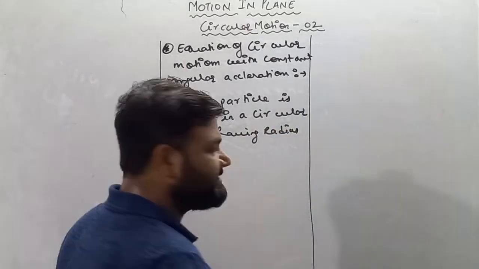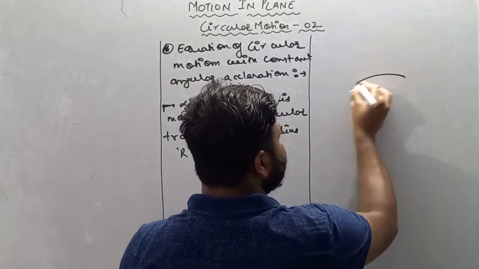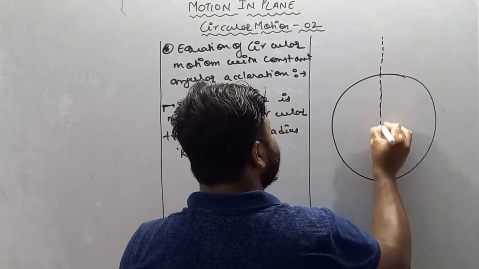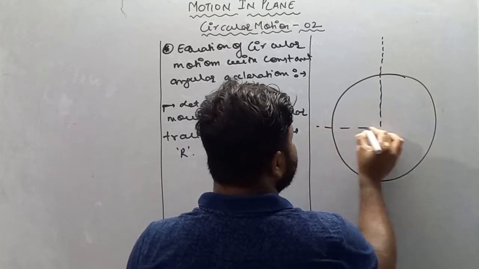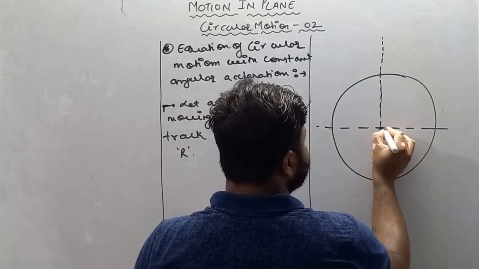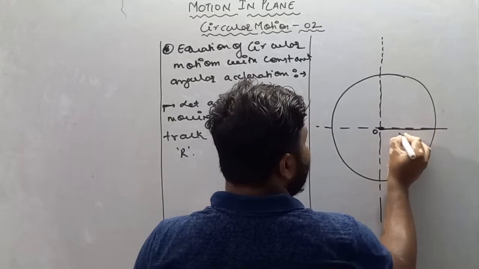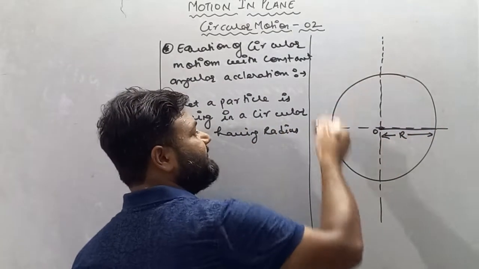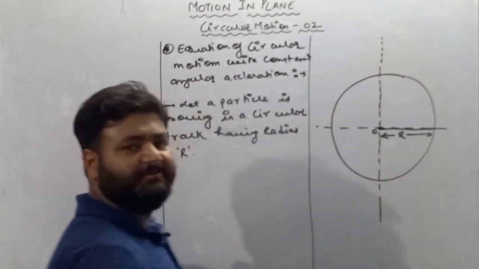We have a circular track, this is the origin, the radius of the circular track is r, and the particle is moving in this circular track.